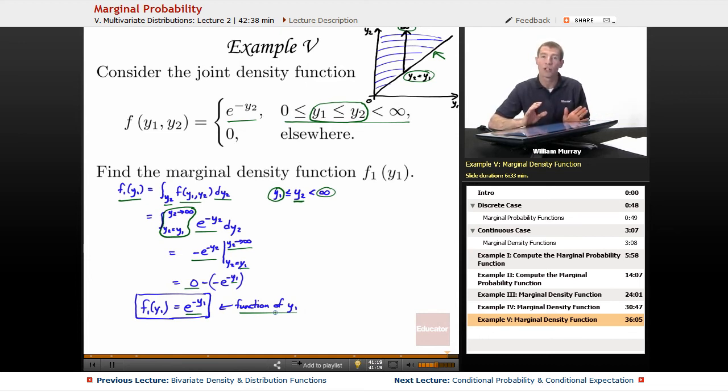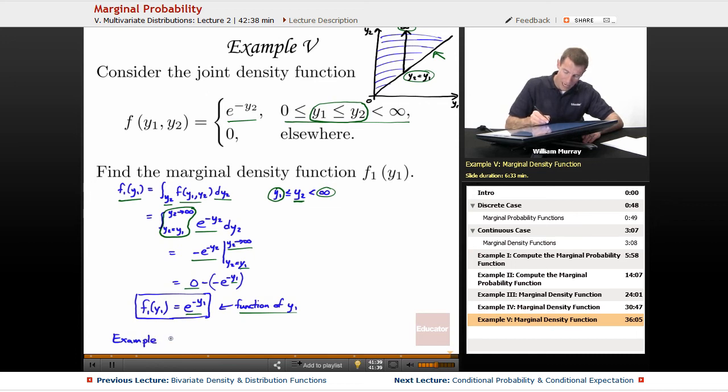I really want you to understand this example because we are going to use it again for calculating some conditional probability and expectation in the next lecture. I think this example is set to be example 5 in the next lecture.